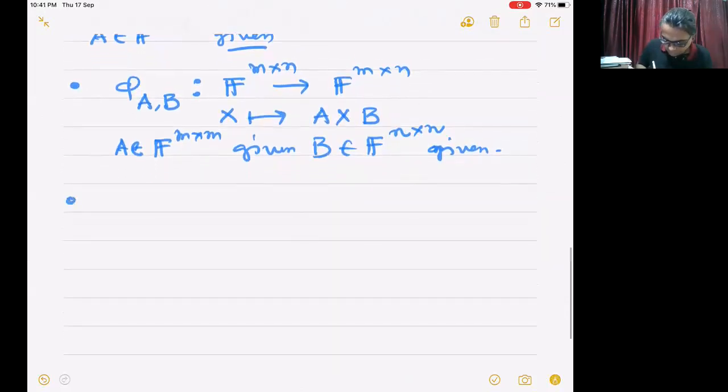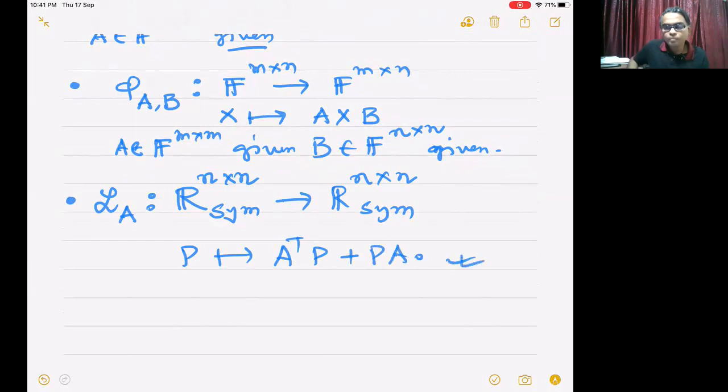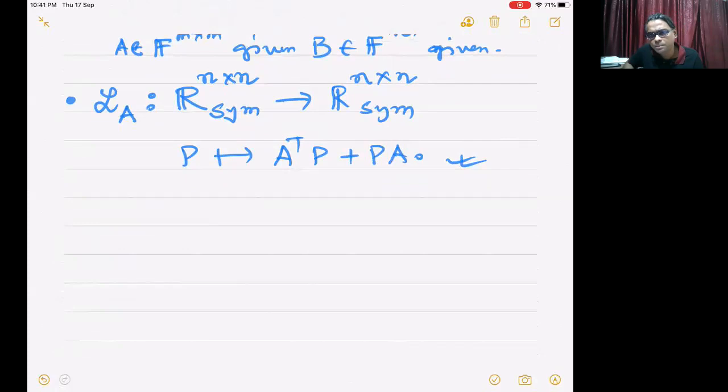We have also already seen the Lyapunov map from R^(n cross n) symmetric matrices to R^(n cross n) symmetric matrices, where a symmetric matrix P is sent to A transpose P plus PA. This is a linear map. So there are many different types of linear maps available. You should consult the book to learn about the various examples of linear maps.